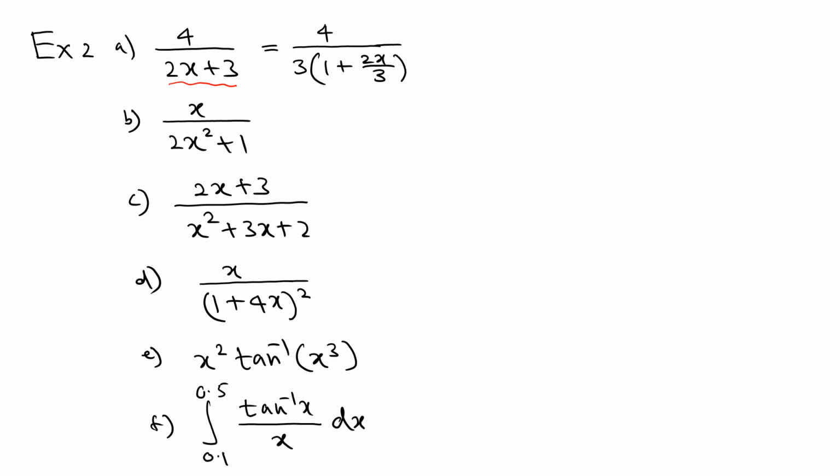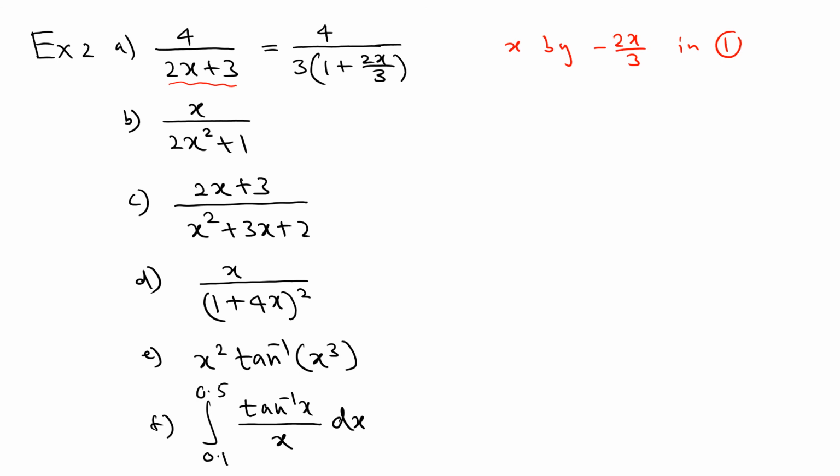And then we know what to do. You need to replace x by negative 2x over 3 in series 1, the geometric series. That's the starting point, and then you know what to do after that.